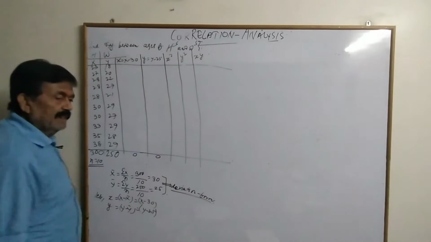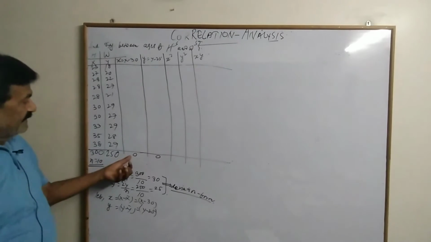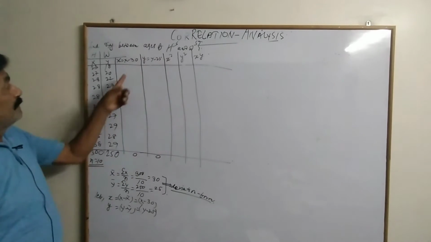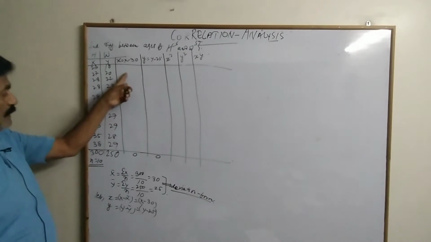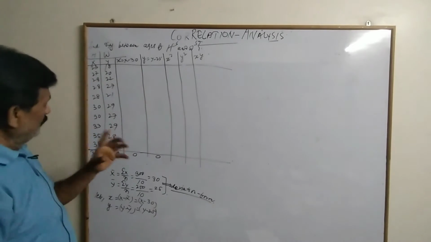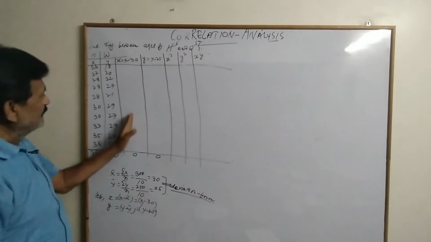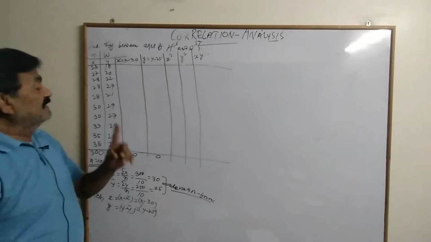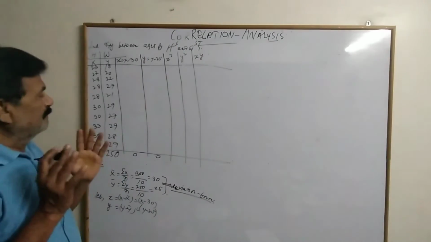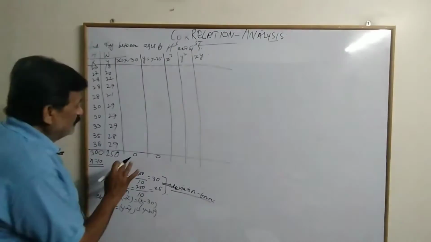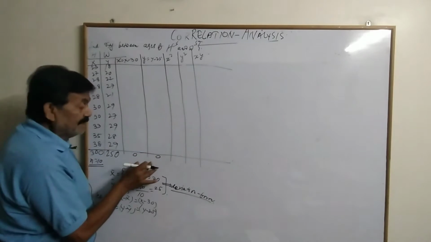At the very outset I am telling this. This 0 is the sum of deviation from mean. These are the deviations, and when it will be summed up, it is the sum. So this column is going to give us the sum of deviations from mean, and one of the properties of mean is that the sum of deviation from mean is always 0. So the sum of these two columns has to be 0.